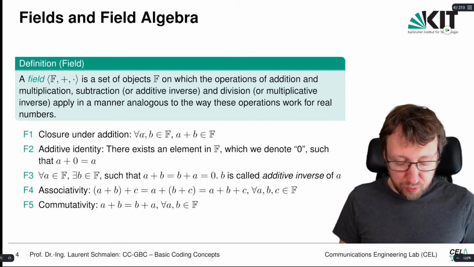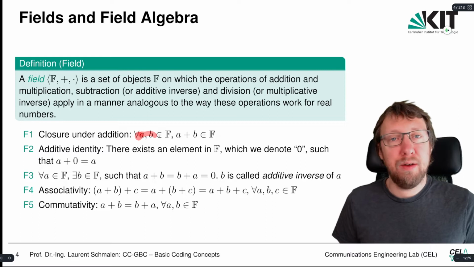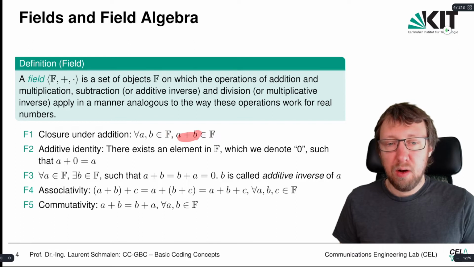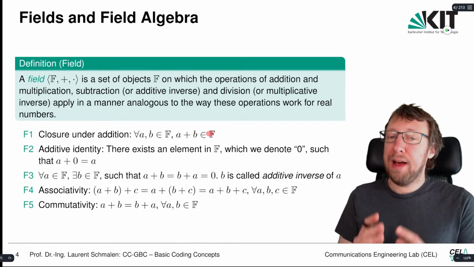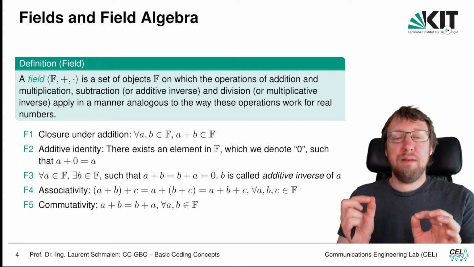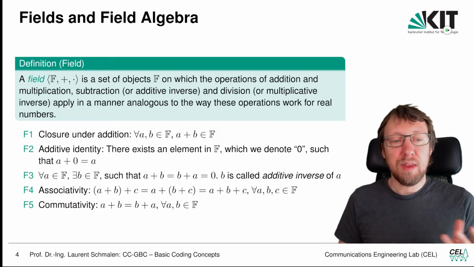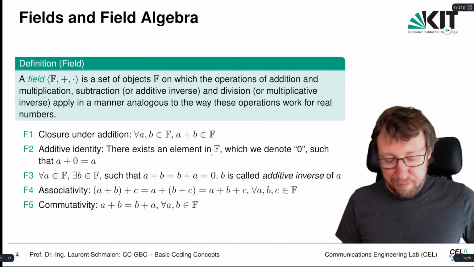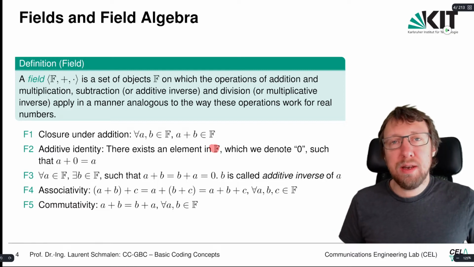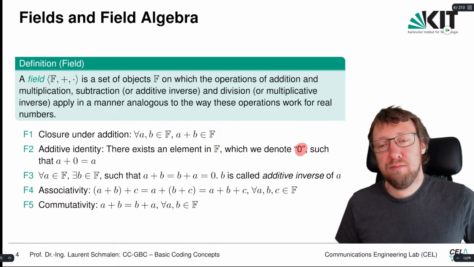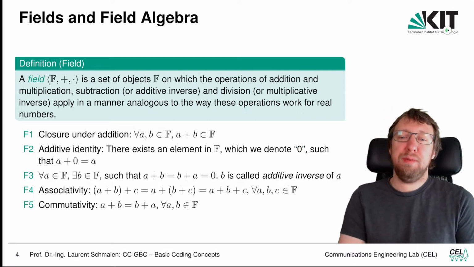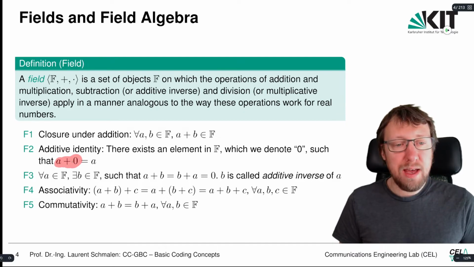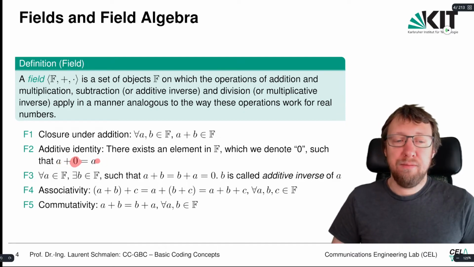If we have two elements A and B from our set F, their sum must also be an element of F. So if we apply this operation plus, A plus B must also be an element of the set F. Then there should be an additive identity, which means there exists an element in F, and we usually denote it as 0 for simplicity, such that if we add 0 to A, we end up with A.